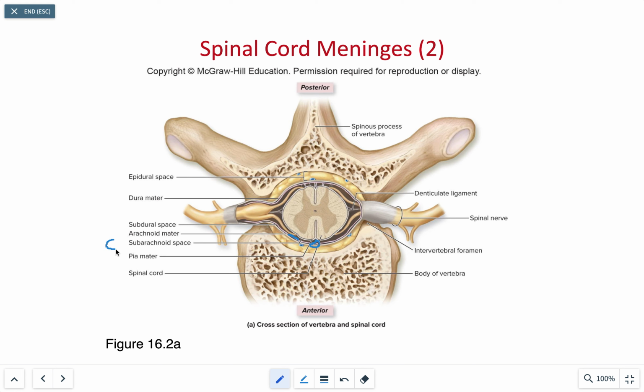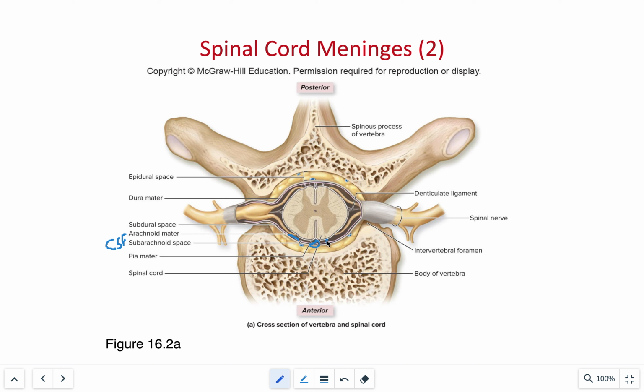When we're looking at the subarachnoid space, we're talking about the cerebrospinal fluid, and it's important because it offers a little more shock absorption.